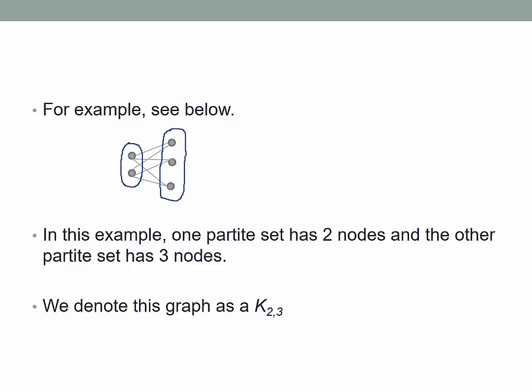We denote these graphs by K sub M comma N. In this case, K sub 2 comma 3, indicating that there are 2 nodes in one set and 3 in the other. And we use the capital K because every edge that can be between the two partite sets is in.